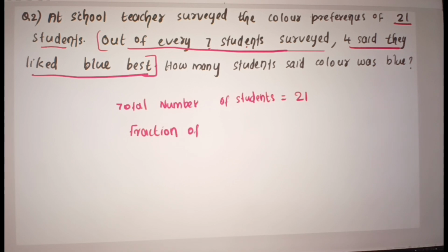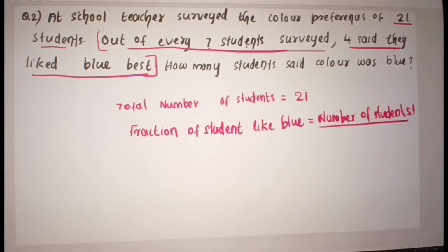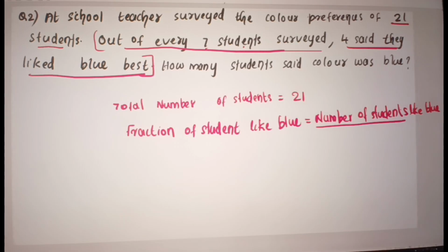The fraction of students who like blue is the number of students that like blue over the total number of students. It is given that 4 out of 7 students said they like blue best. So 4 over 7.